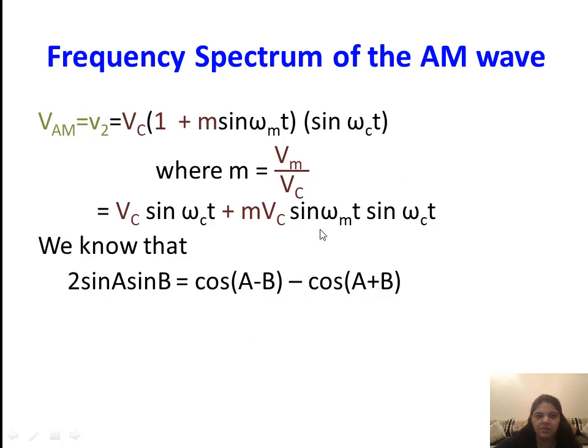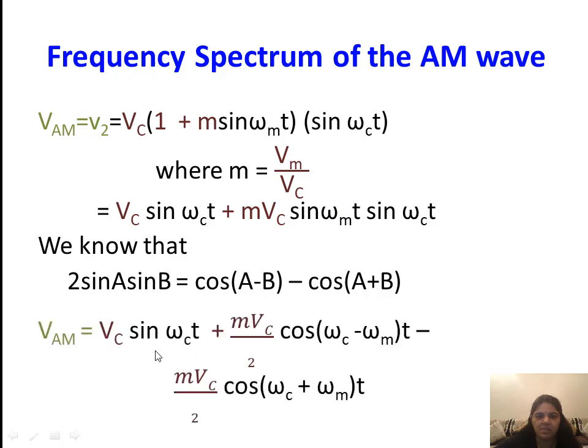So we are using this relation over here. So VAM is equal to Vc sin ωc t plus, for sin A sin B, 1/2 (cos(A minus B) minus cos(A plus B)).